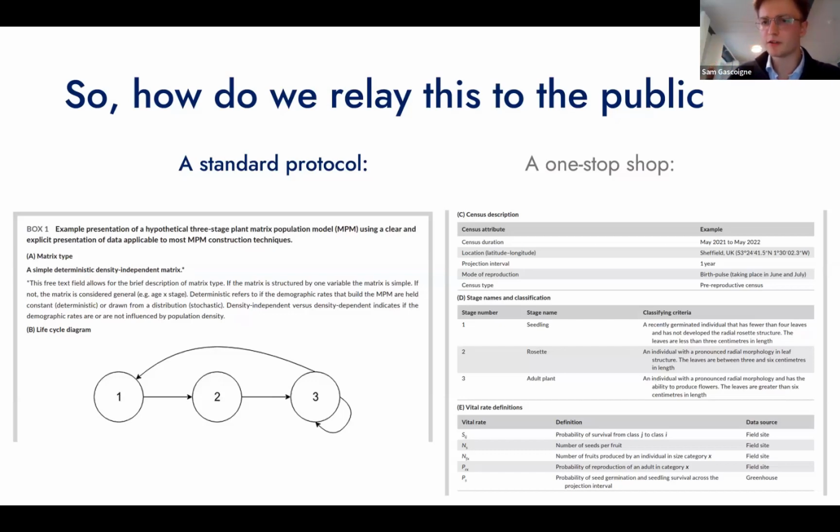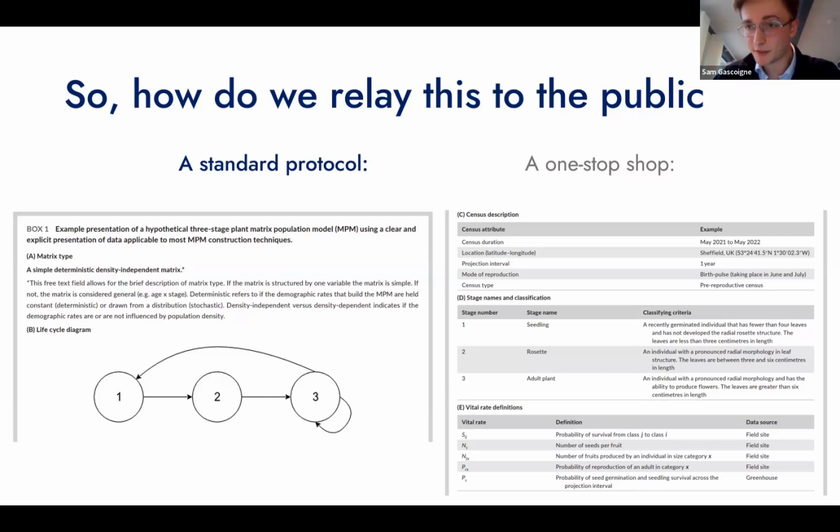Then the mode of reproduction, whether it's birth pulse or birth flow, and the census time, pre or post reproductive census. If you're not quite sure what any of these words are, they're all described in detail in the paper.